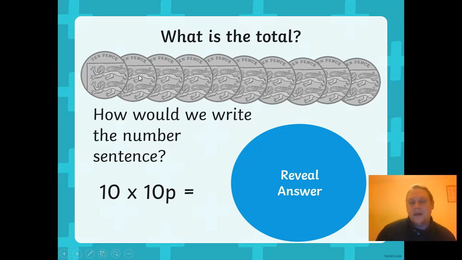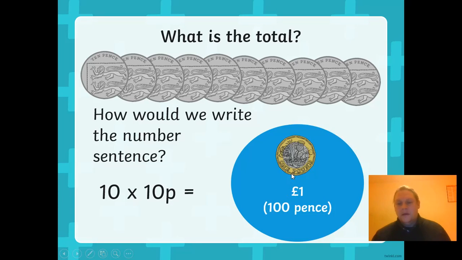What's that the same value as? 10 10p's. Okay, let's count them up. 10, 20, 30, 40, 50, 60, 70, 80, 90, 100p. Okay, what's 100p the same as? £1. Okay, it's 100 pence.